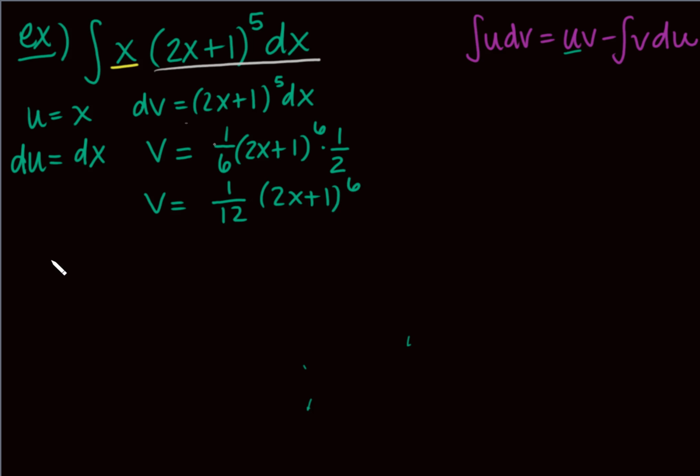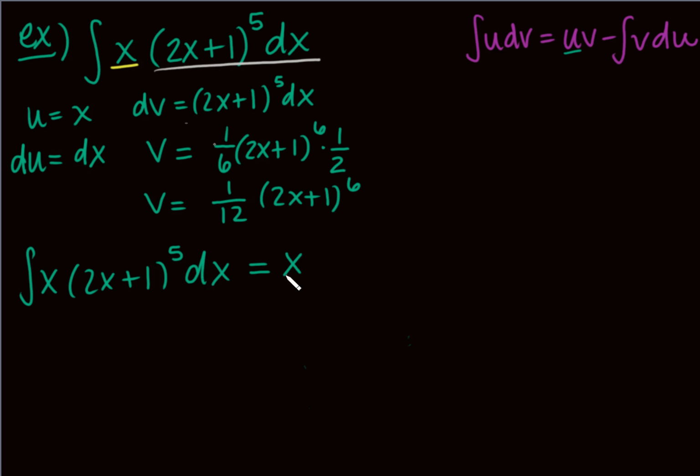All right, so let's do this. I get the integral of x times 2x plus 1. Notice my notation here. Not to brag, but I'm pretty good with notation. I'm rewriting this so my math teacher knows exactly what I'm doing, right? Let me erase these, it's bothering me. I'm going to rewrite that, and then I'm ready to go. So I'm going to take u times v. What is u?